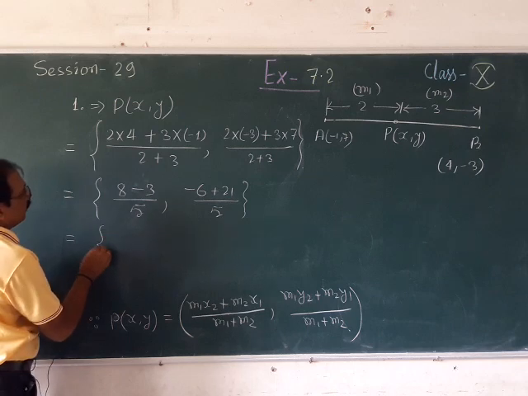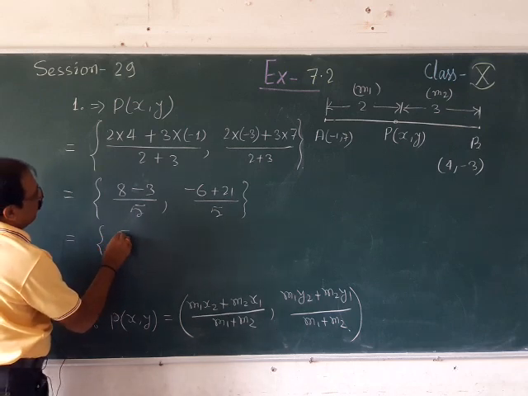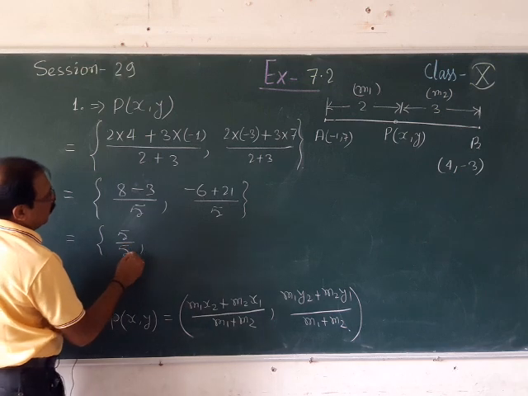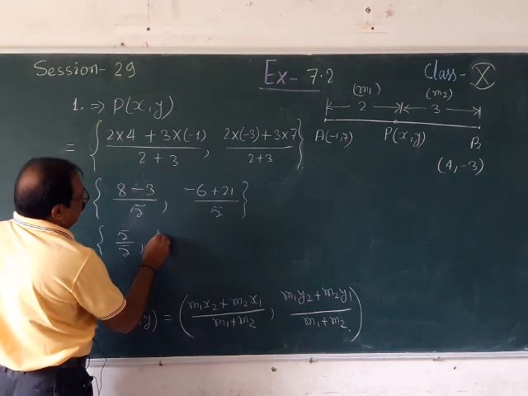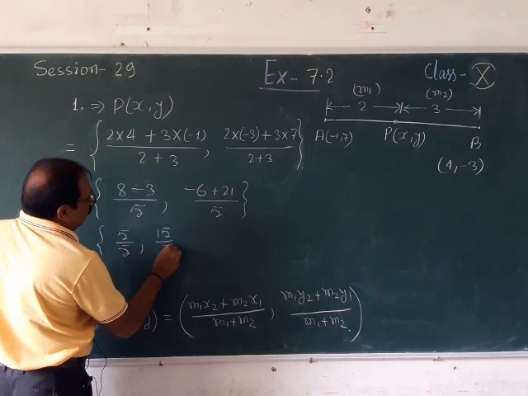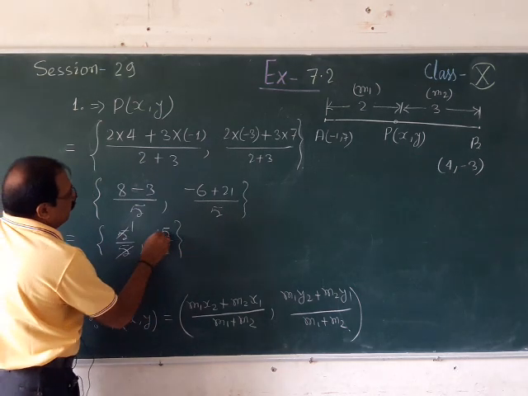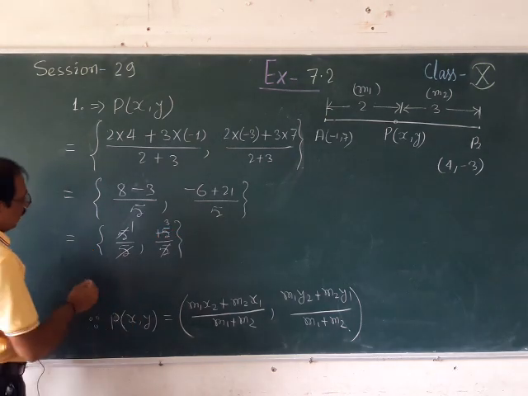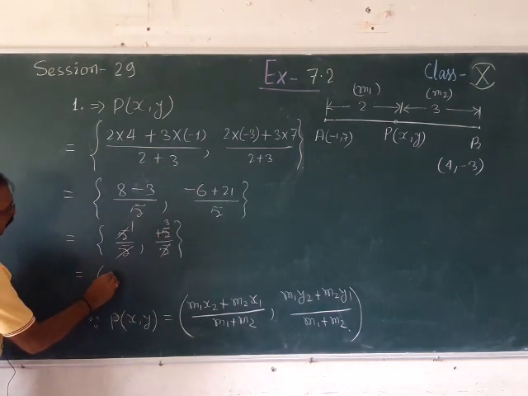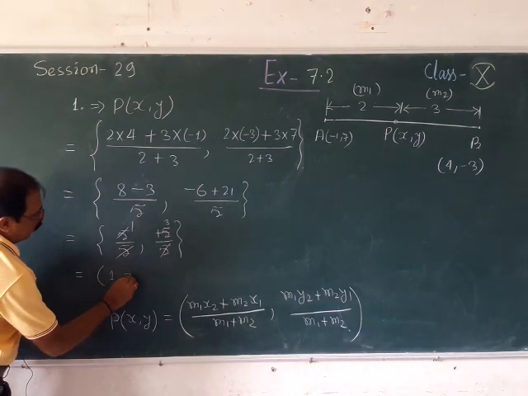When you write the coordinate, that time also you can change. It is 5 upon 5 comma 21 minus 6, it will give you 15 upon 5. Now 5 1s are 5 and 5 3s are 15. So you can cancel this number. Then you are having 1 comma 3.